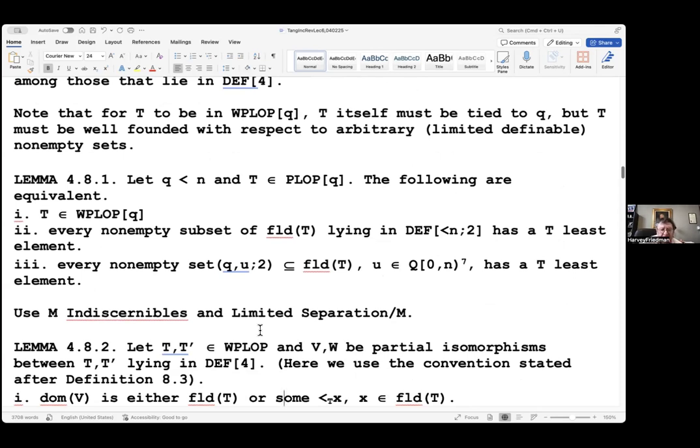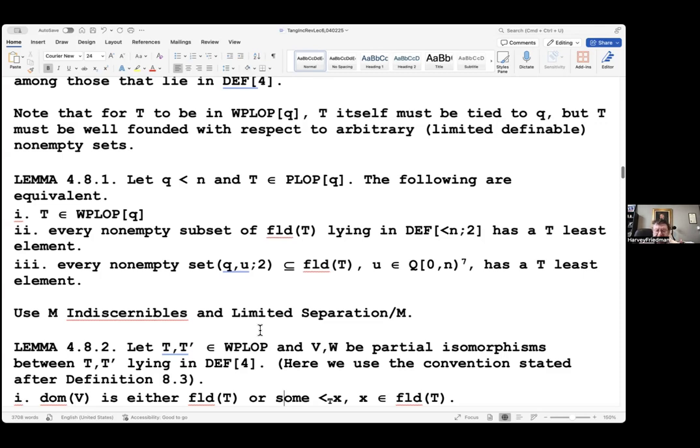So let Q be less than N and T be in plop Q. The following are equivalent. T is well-founded. Every non-empty set of field T lying in def less than N semicolon 2 has a T-least element, and then even more specifically, every non-empty one of these explicit constructions, set of Q, U2 contained in the field of T, where U is a sequence of 7 parameters, has a T-least element.